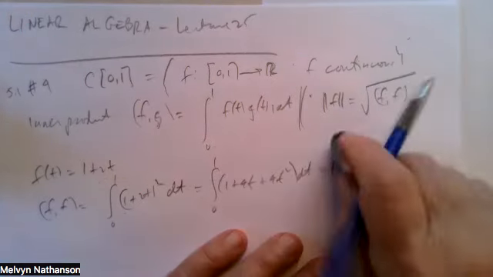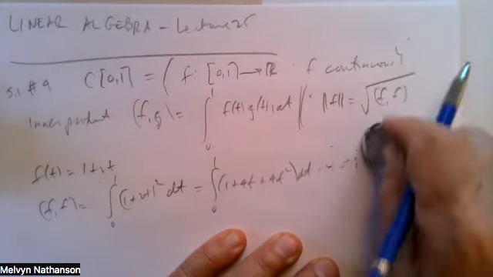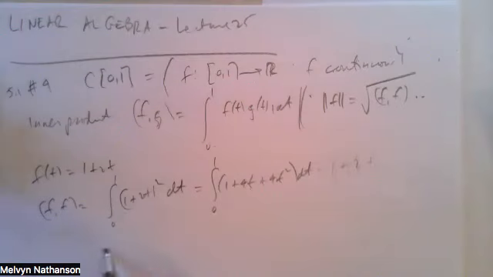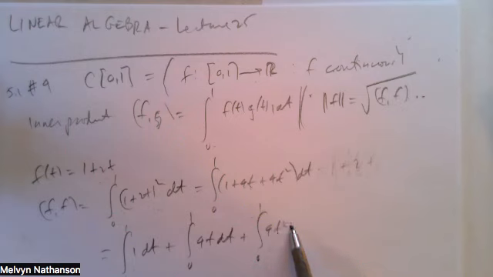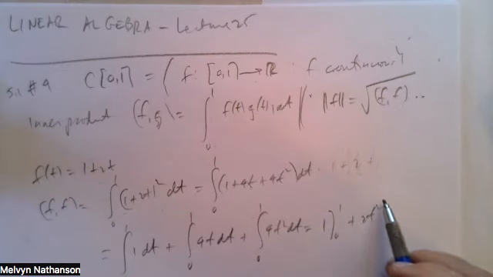Well, let me just write it all out. This is the integral from 0 to 1 of 1 dt, plus the integral from 0 to 1 of 4t dt, plus the integral from 0 to 1 of 4t squared dt. The integral of 1 is 1. The integral of 4t is 2t squared, evaluating from 0 to 1.